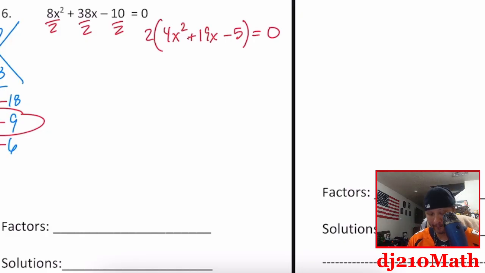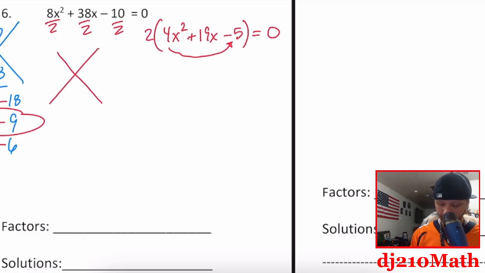Okay. 19's messing it up. Actually, 19 and 5, right? There's nothing else I can take out. So let's start our process. 4 times -5. -20. Adds up to 19, positive.